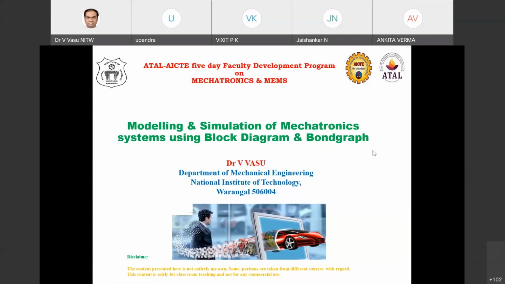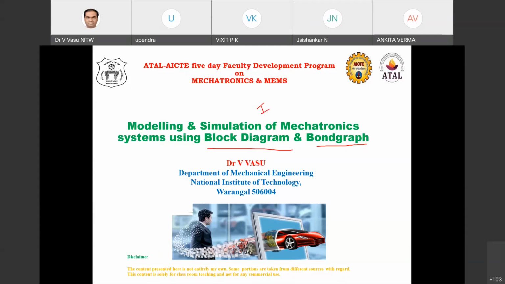Today I want to discuss how you can model a mechatronic system. There are two important techniques for doing this: the block diagram technique and the bond graph technique. They are used to model interdisciplinary components.